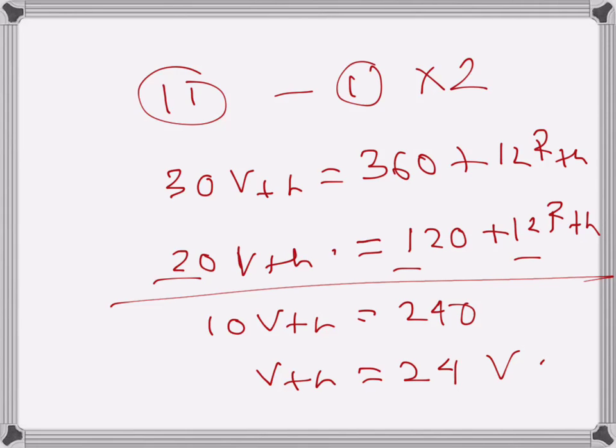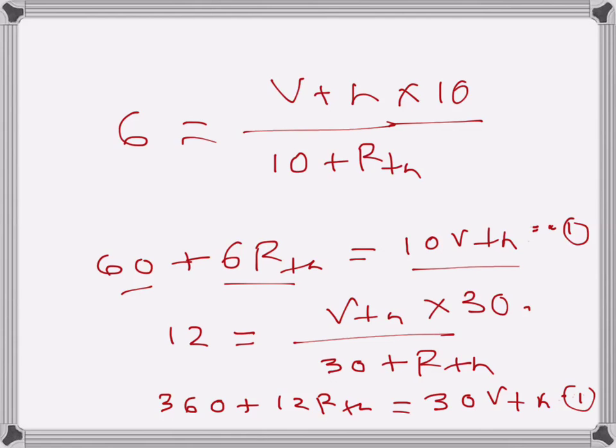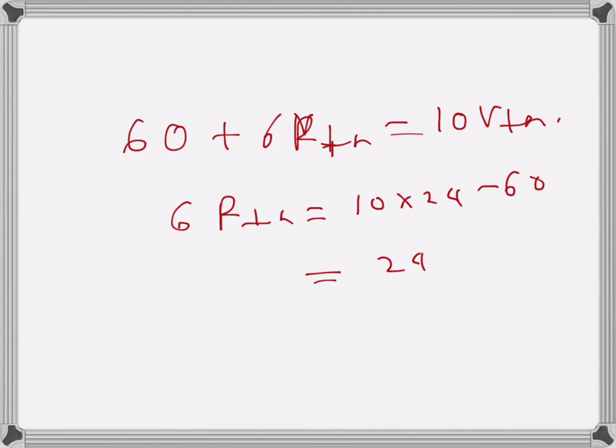So we are getting V Thevenin, and then we can get R Thevenin as well from the equations. Maybe I will use the first one: 60 plus 6 R Thevenin is equal to 10 V Thevenin. So basically 6 R Thevenin is 10 times 24 minus 60, so that is 240 minus 60, which is 180.